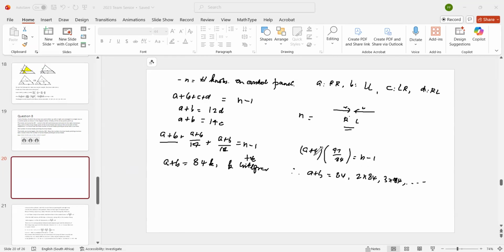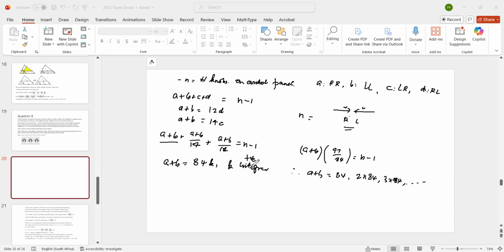You see, if a plus b is 0, and I want to say it's a positive integer, then you'll have n is equal to 1. It means you have just one arrow. And it says there in the question, some of them are turned left and so on. So there's more than one. It's a subtle reference to the number in that it says at least one, at least 2. Okay, so you got this.